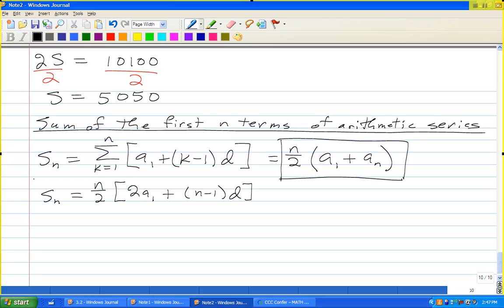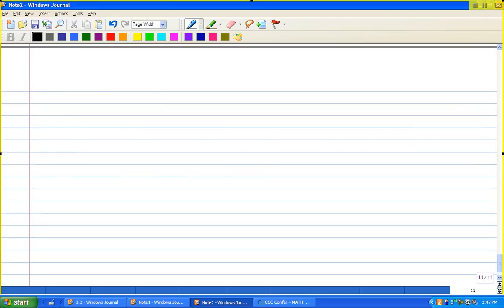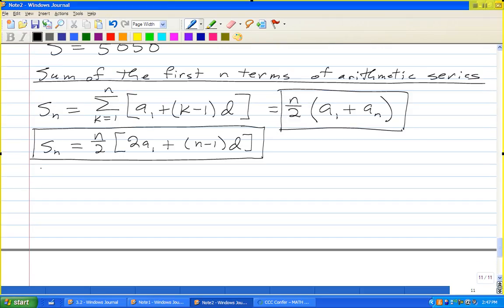And so it's also equal to this formula. Okay, so let's show this. I'll show the second formula. It's easier. Obviously, these two formulas are the same, but I'll prove the second one, and I'll do this by induction.